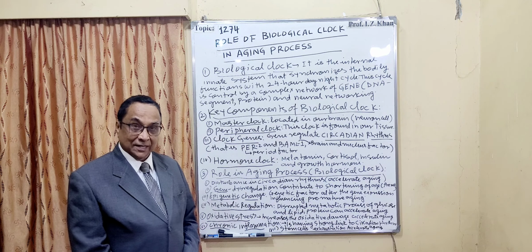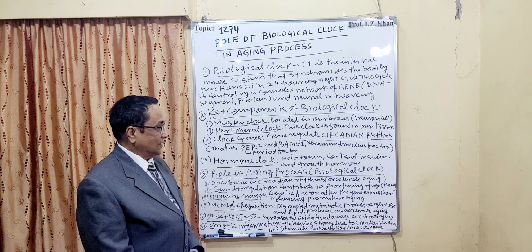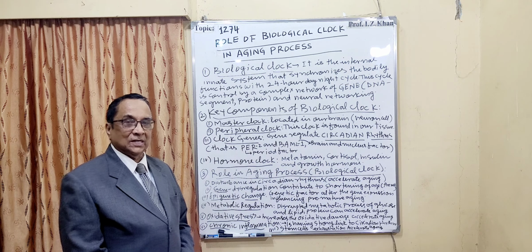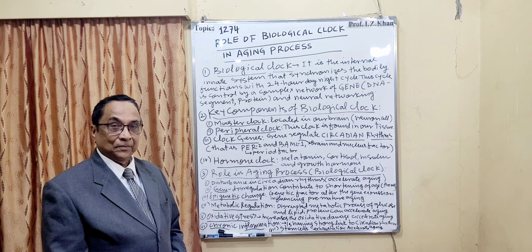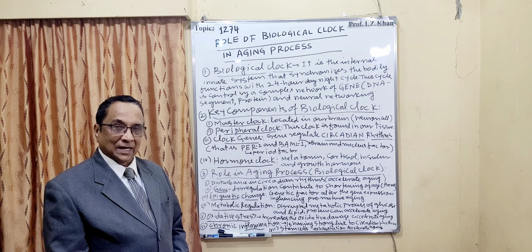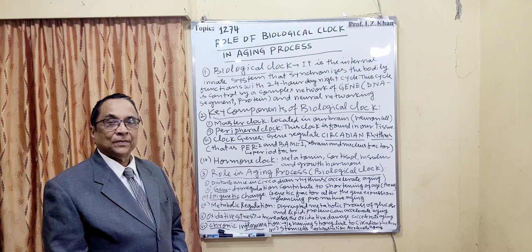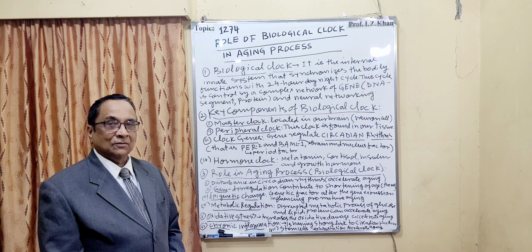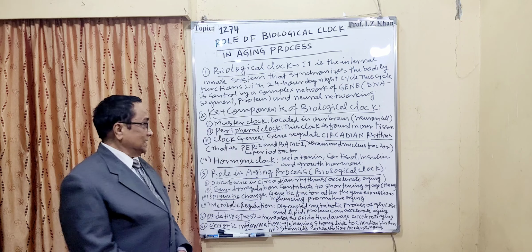Then your insulin and growth hormone. So they are also part of the biological clock, and once the hormones are not controlled properly, your biological clock will be disturbed and you will get some chronic disease, or acceleration of aging will be there, premature aging.